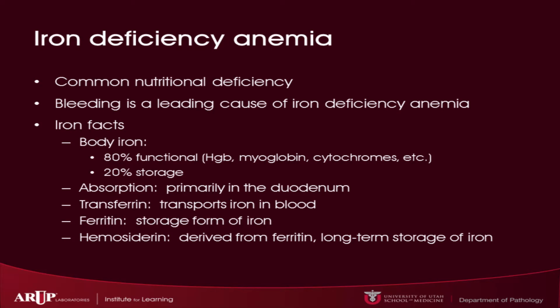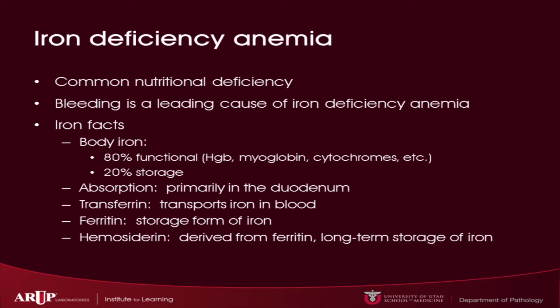Some of the iron facts. Body iron, 80% of the functional iron is seen in the form of hemoglobin, myoglobin, which is in the muscle, and cytochromes, which is commonly seen in some of the enzymes. About 20% of the iron is seen in the storage form.